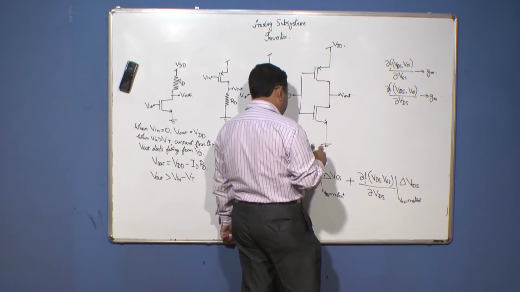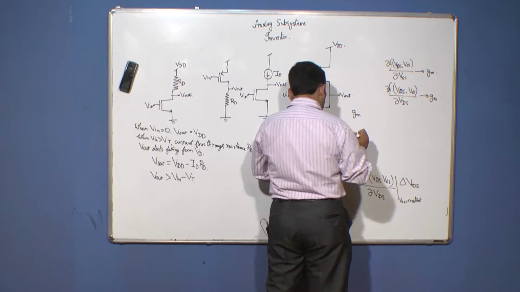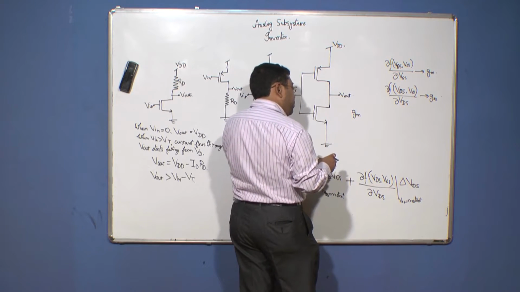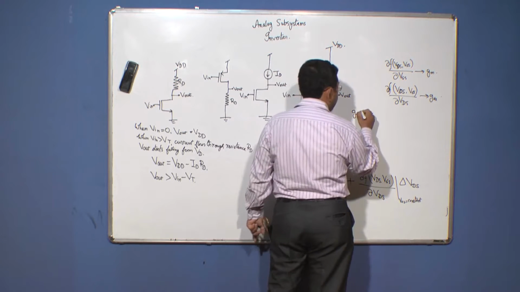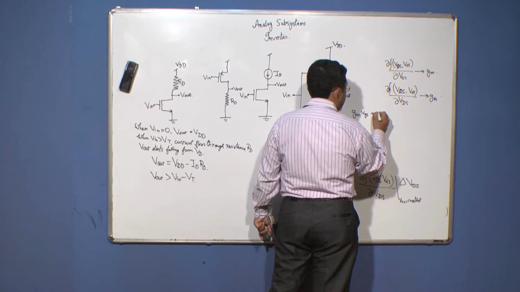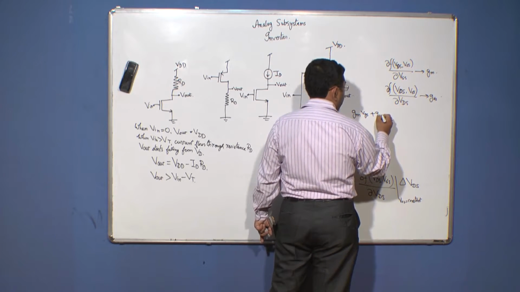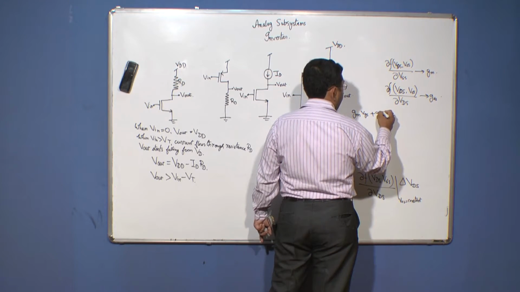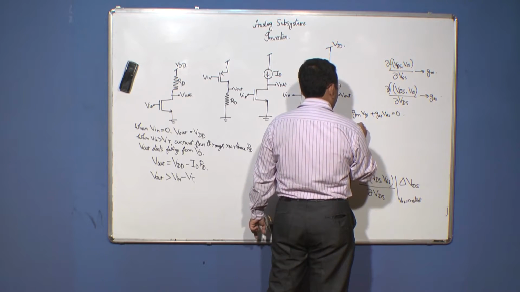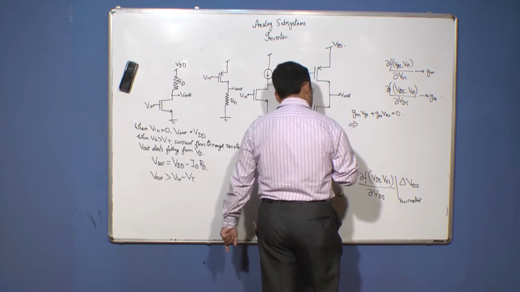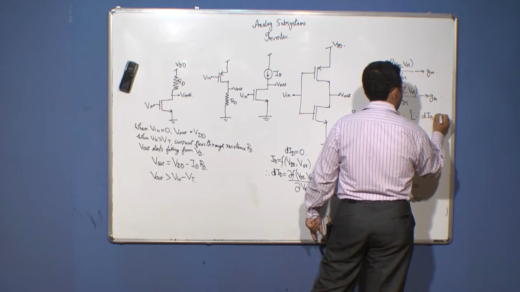So, therefore, we can write this equation as GM times delta VGS, which is a small signal change in the value of VGS, I can write it as small vgs, plus GDS into vds equal to 0, since dID equal to 0.